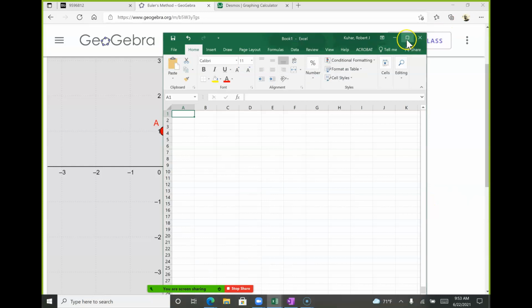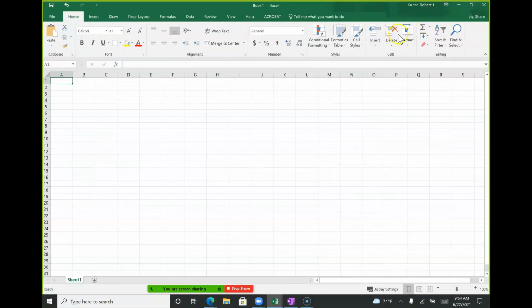I'm doing N, X, and Y. My initial step is 0. I didn't do anything yet. My X was 0, my Y was 1. For N, I'm going to do the previous cell, A2, plus 1. Then I can fill down with Control D, so there's 19 steps right now.